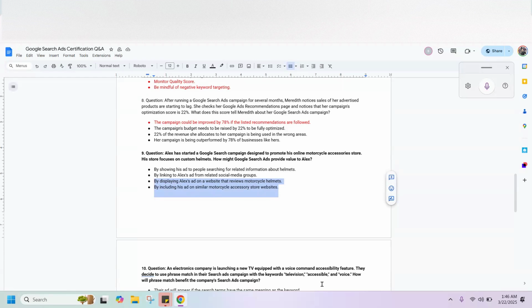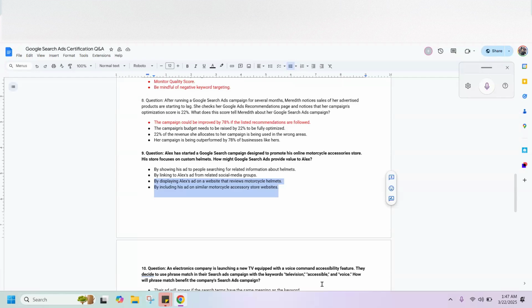If I have a store and I'm trying to sell custom helmets, that's what he's selling, right? So here are the two options. You take my ad and put it on a website where the author of the blog is reviewing different types of motorcycle helmets and giving some direction on which one is better, which one is worse.